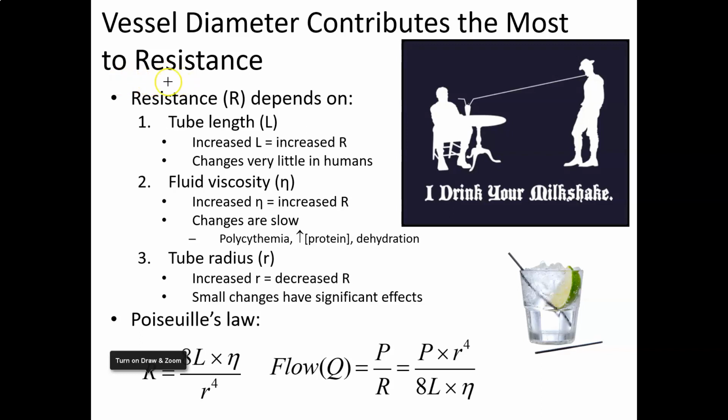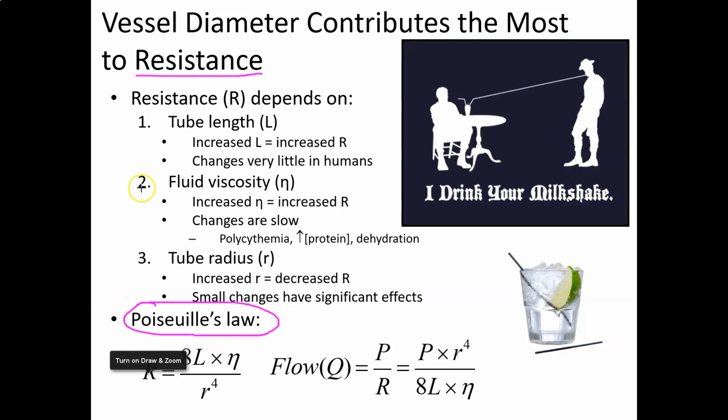A long time ago, a scientist by the name of Poiseuille, as most people call him, although I understand that's not the way to pronounce it, looked at resistance in tubes and tried to look at what affects the resistance in tubes. That becomes important for us in physiology because our blood vessels are really just tubes, and those tubes add resistance to flow.